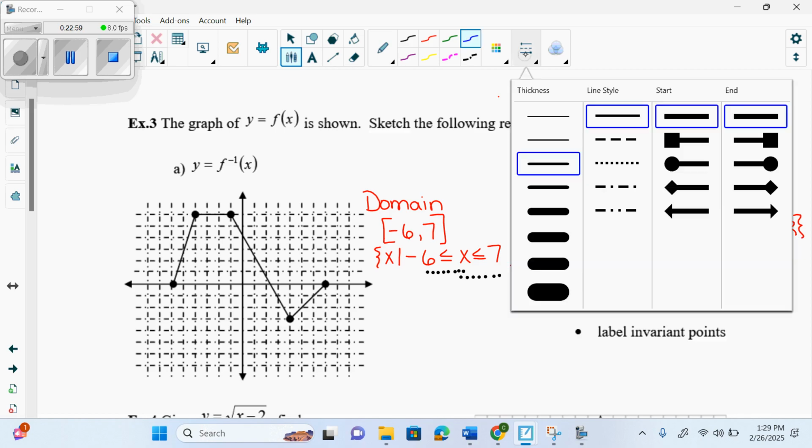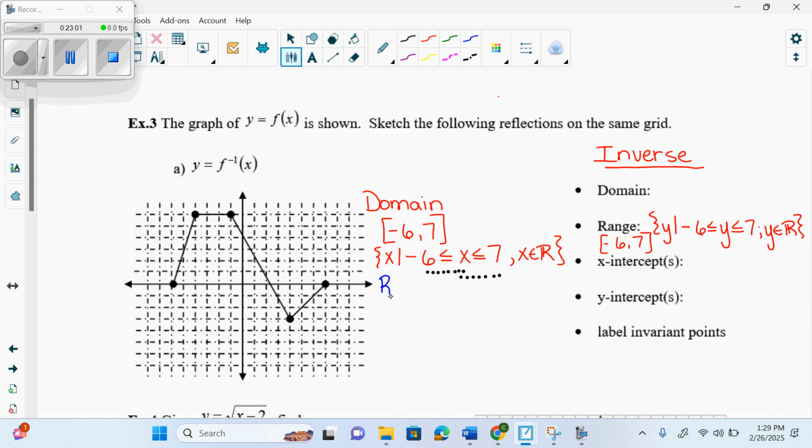Okay, range of the original. Now I'm going from negative 3 to 1, 2, 3, 4, 5, 6. Negative 3 to 6. Or y such that negative 3 is less than or equal to y is less than or equal to 6. Y is in the reals.